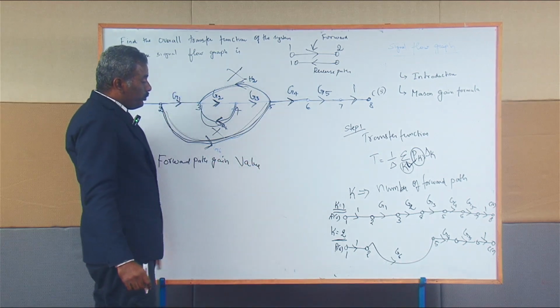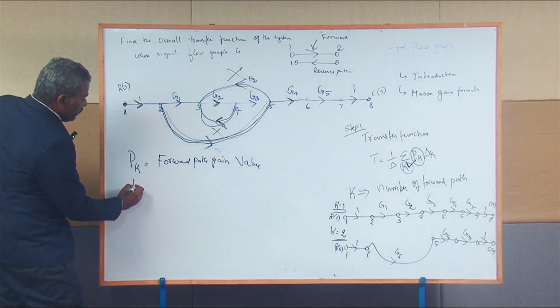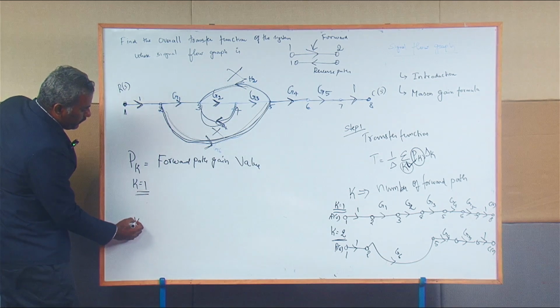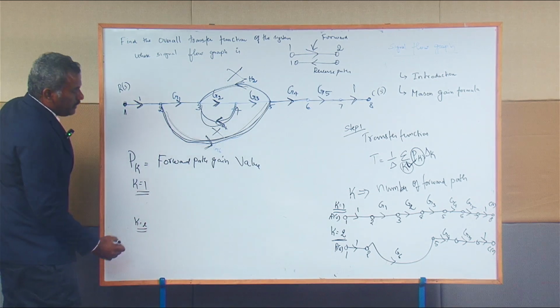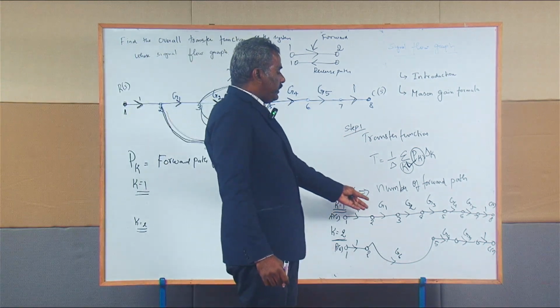So you may have two forward paths, k equal to 1 and k equal to 2. k equal to 1 is one possible combination of forward path, and k equal to 2 is another possible combination of forward path. From that you may directly give the gain value.